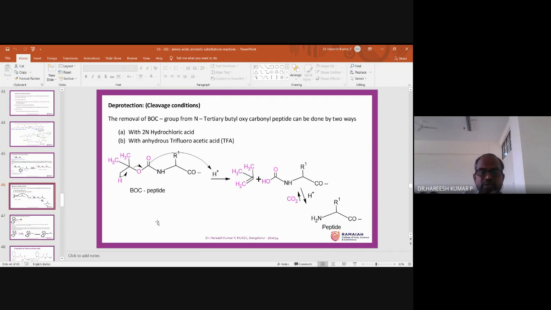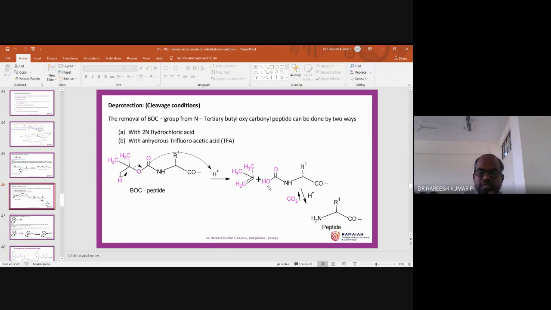That leads to a cleavage between the tertiary carbon of the tertiary butyl group and oxygen. Then the obtained one is carbamic acid; NCOOH is called carbamic acid. In presence of H plus, the lone pair present on the nitrogen picks up a proton. When the lone pair is involved in a bond formation, this bond pair cleaves.